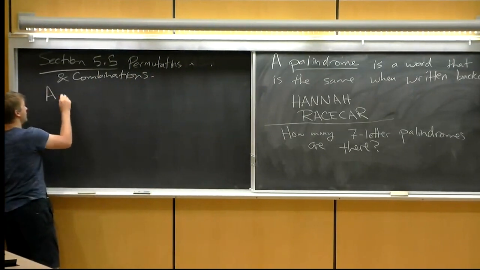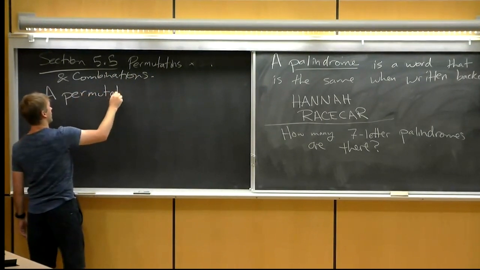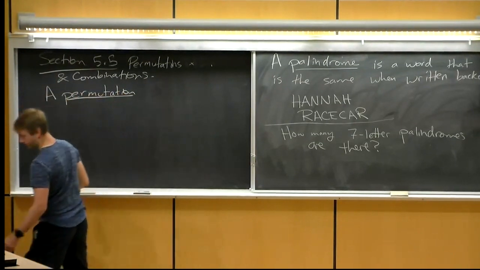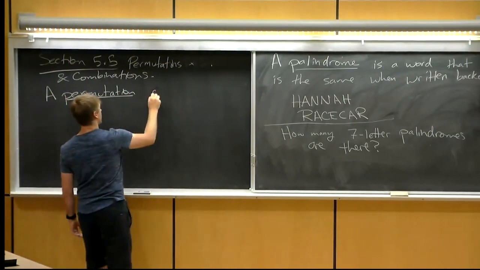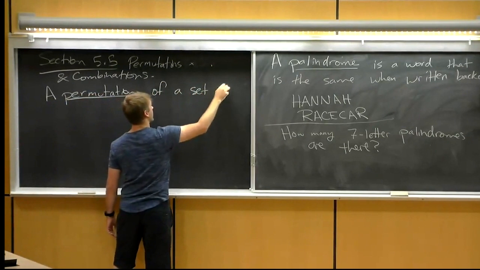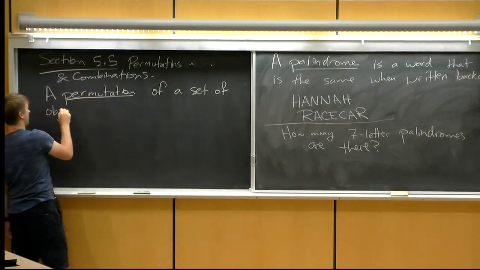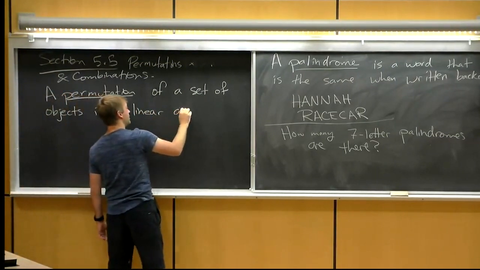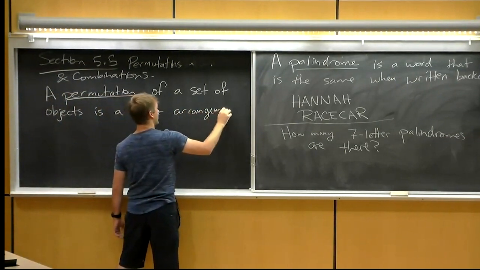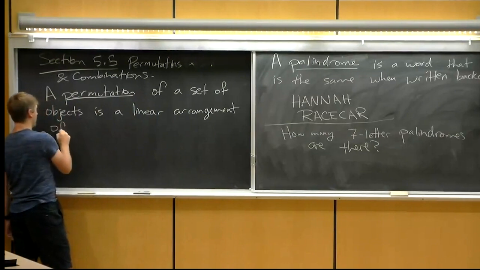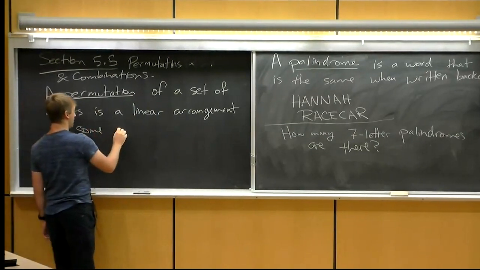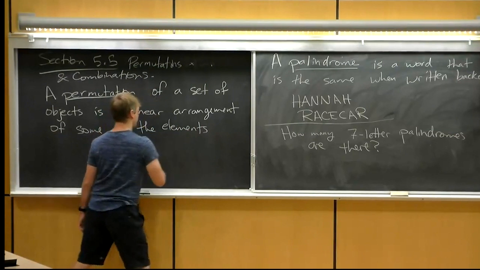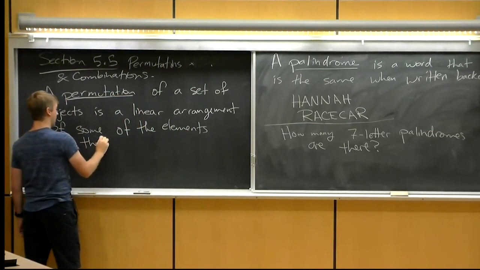So a permutation of a set of objects is a linear arrangement of some of the elements of that set.